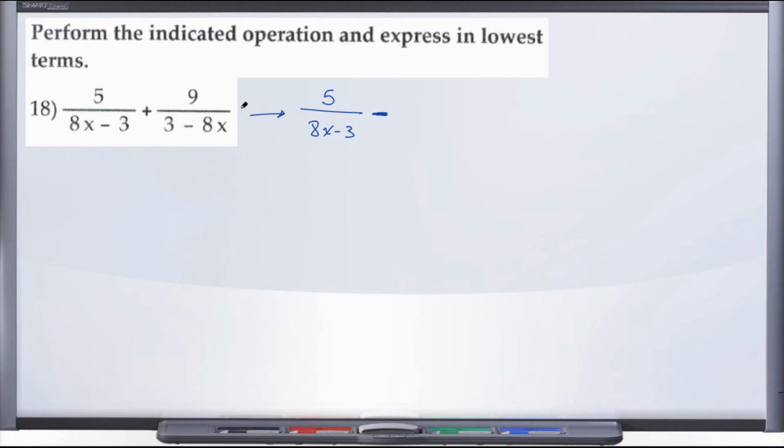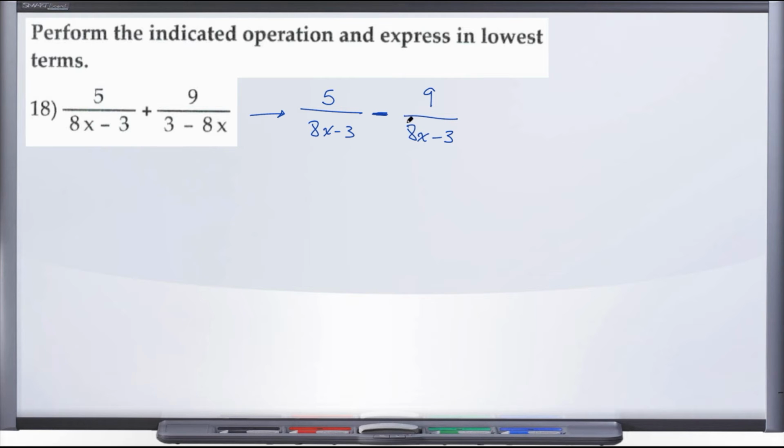Remember, we're just changing to the opposite sign. And now we have 9 over. And by virtue of changing from a plus to a minus, we can now write positive 8x minus 3.